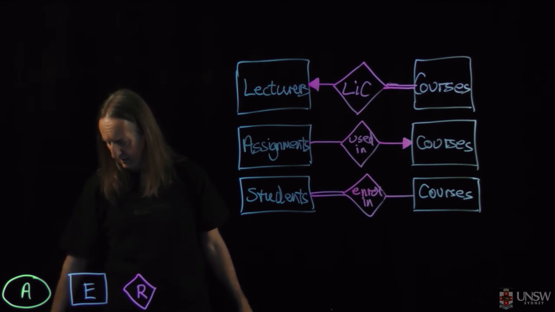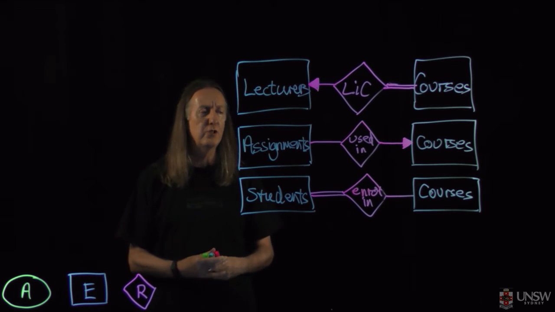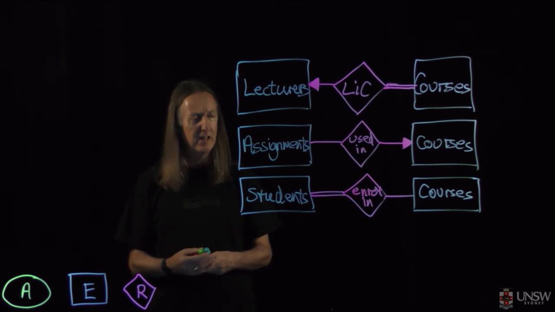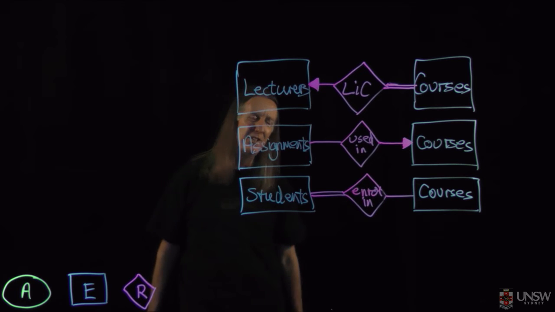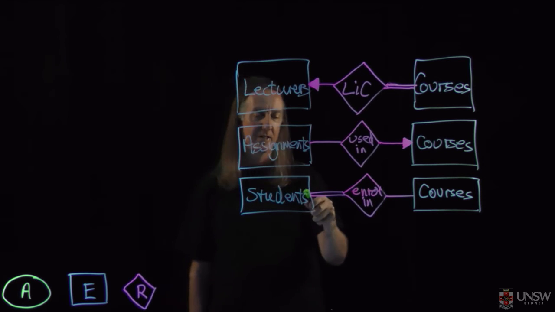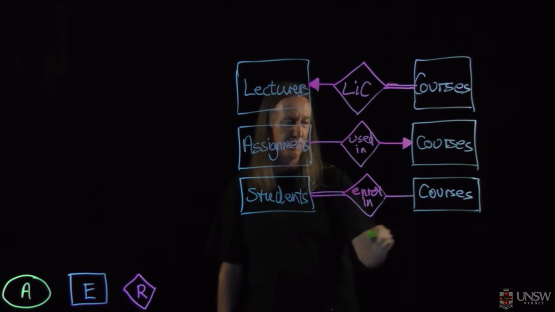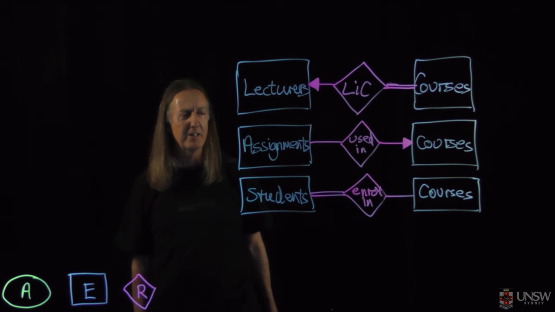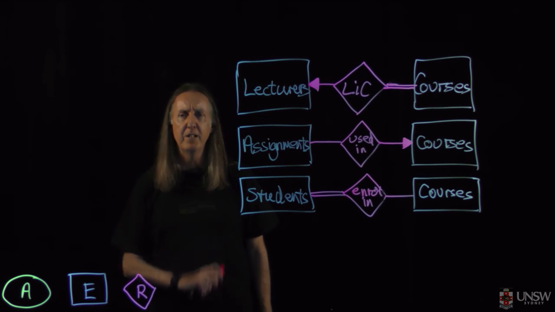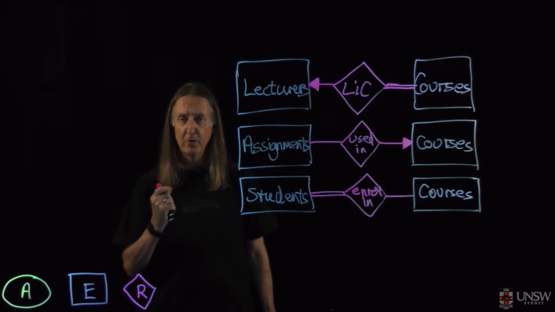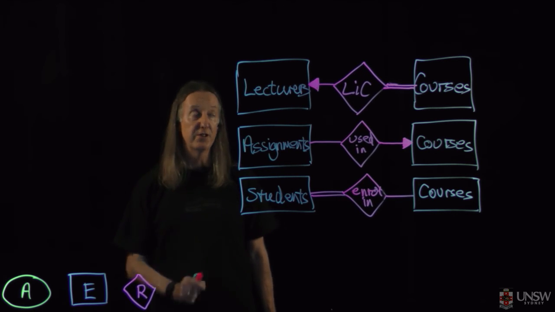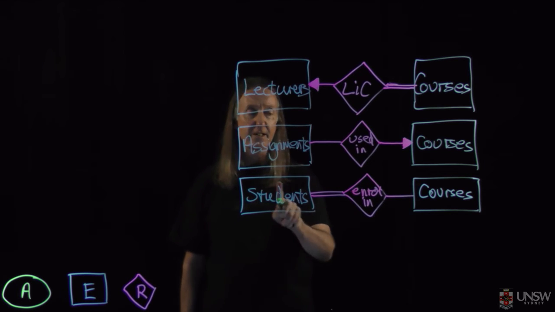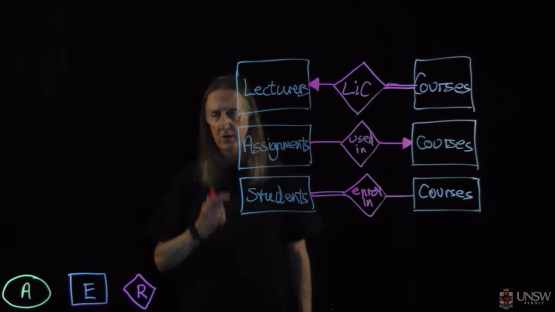Now, if we go back to the requirements, it says that a student has a mark and a grade for each course. I guess potentially we could associate students to courses with a grade or something like that, but in fact, that piece of information is more of an attribute-like thing, and the attribute is associated with the fact that a student is enrolled in a particular course.